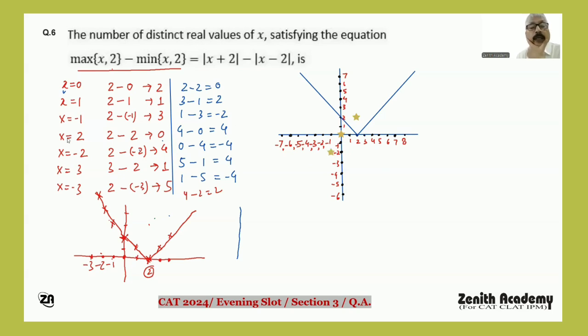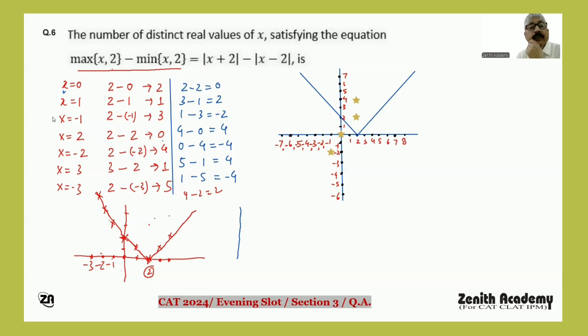X is equal to 2, it is coming 4. This is 1, it was 2.